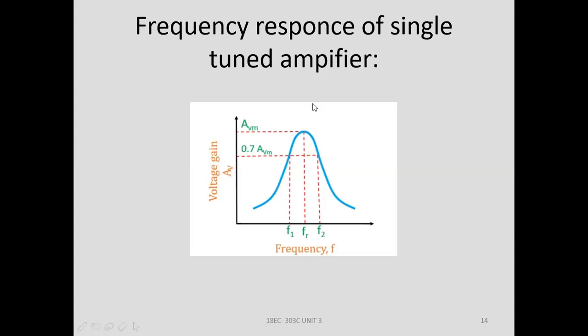The gain decreases below the resonant and above the resonant frequencies. This is a narrow band of frequency. This is about the single tune amplifier circuit.